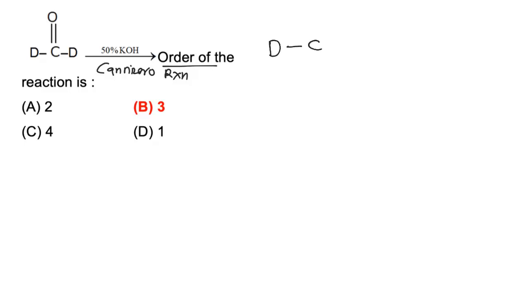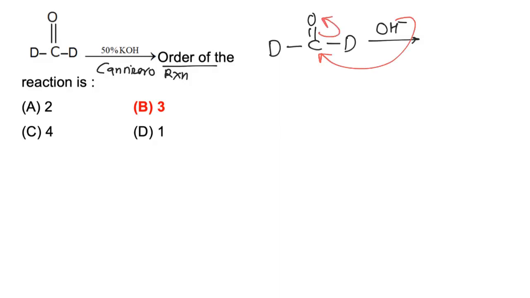So if DCOOD is treated with OH negative, this molecule does not have any alpha hydrogen, so OH negative acts as a nucleophile in the first step and donates a pair of electrons to carbon.